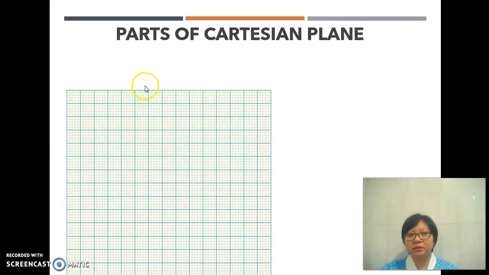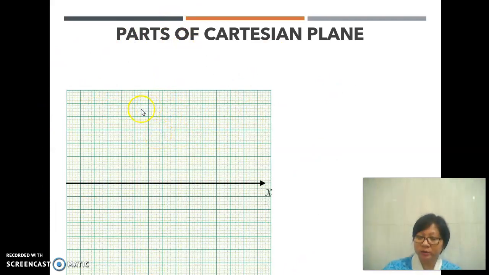Now let's learn about the parts of the Cartesian plane. As you see on your screen, it's a graph paper. And then I draw a horizontal line and I label the horizontal line as the x-axis.